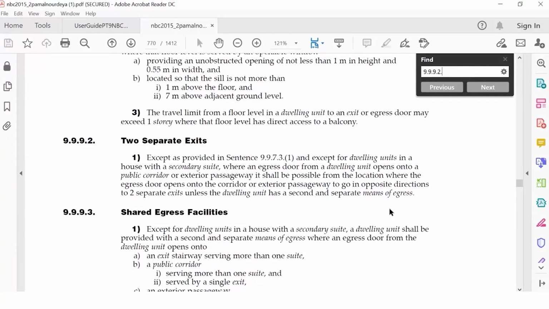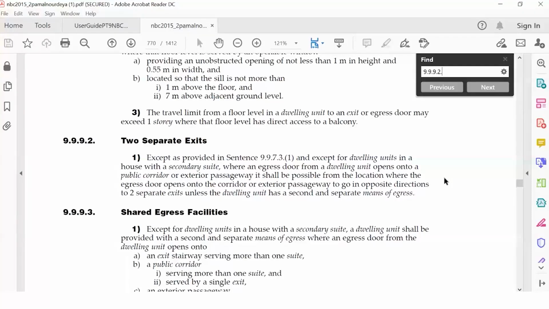However, for a dwelling unit, that exit passageway or public corridor does not need to provide access to exits in opposite directions if the dwelling unit itself has a second and separate means of egress. This does not apply to other occupancies, and you need to be very careful with applying this to anything other than dwelling units.